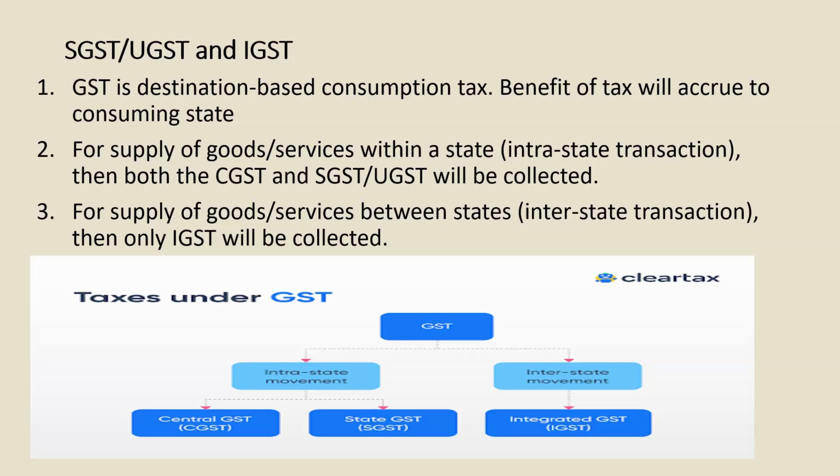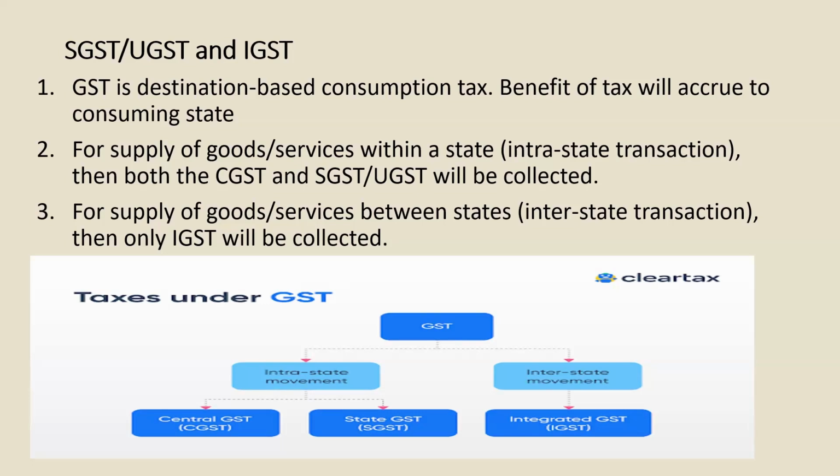Now, please remember GST, the goods and services tax, is a destination based consumption tax. What does destination based consumption tax mean? It means that this tax belongs to the place where the goods and services are finally consumed.